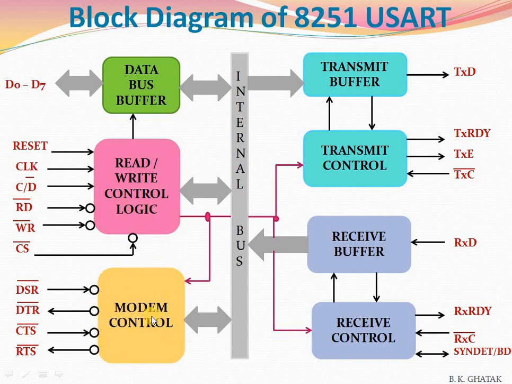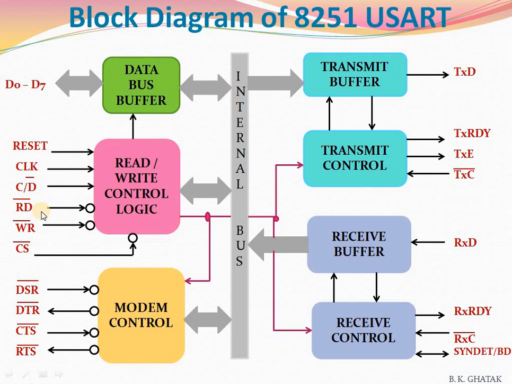The full form of modem is modulation and demodulation. Then there is a transmit buffer and a transmit control. This transmit buffer and transmit control form the transmitter block, and then there is the receive buffer and the receive control. This receive buffer and receive control form the receiver unit of 8251.